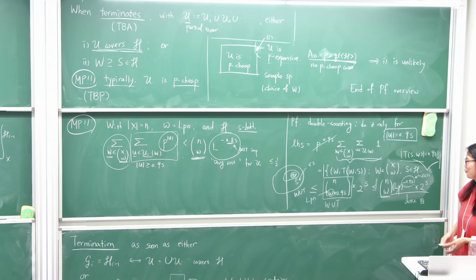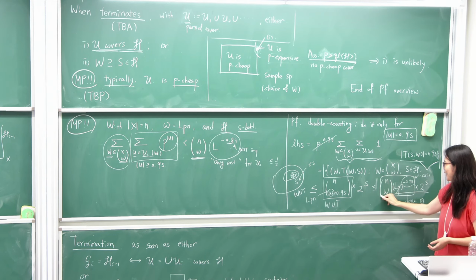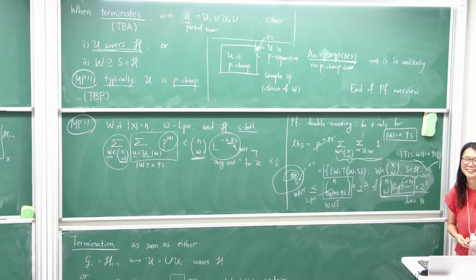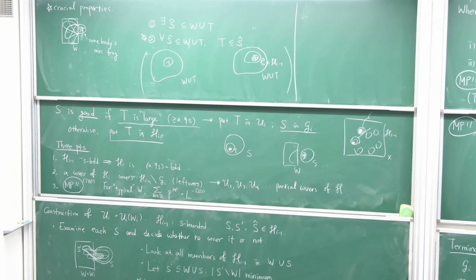Would you like me to justify this part? So just to understand better, I would like to estimate the number of these possible sets. You were trying to somehow count the number of sets of size 0.9s, right?